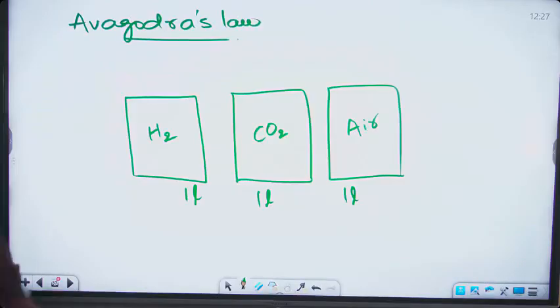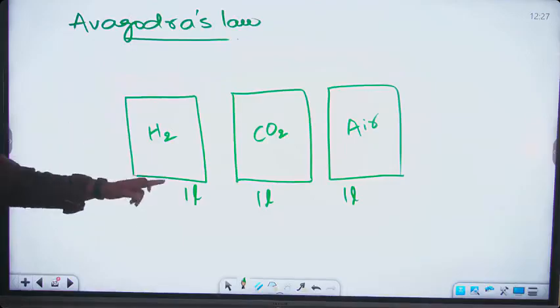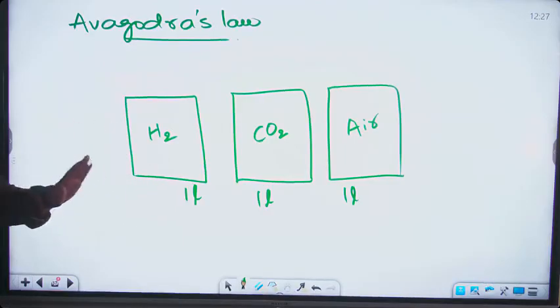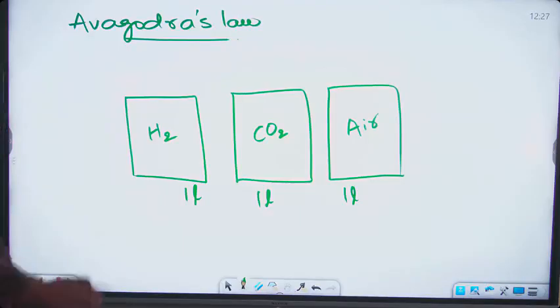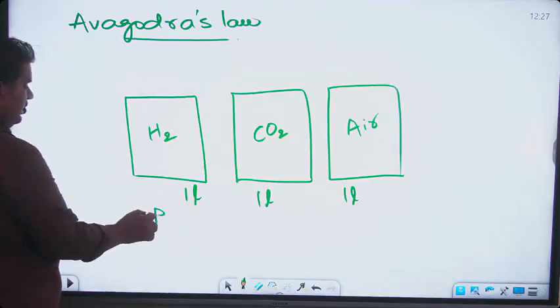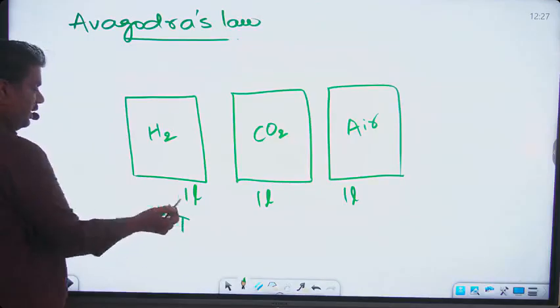Now the thing is that these 3 cylinders, these 3 containers, are at equal volumes. First thing, equal volumes. Now at the same time, these 3 cylinders are also maintained at equal pressure and equal temperature.